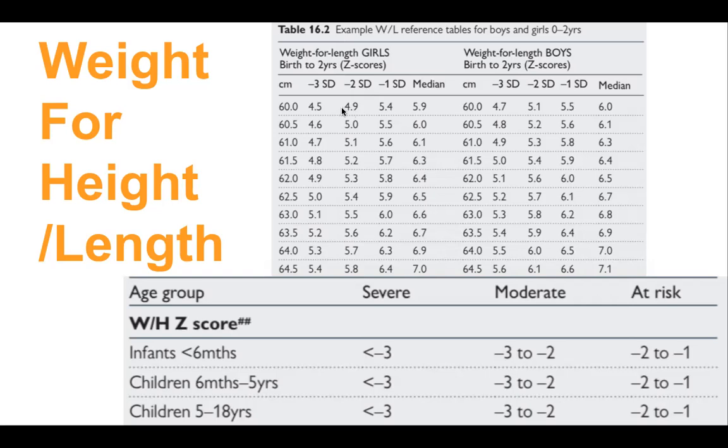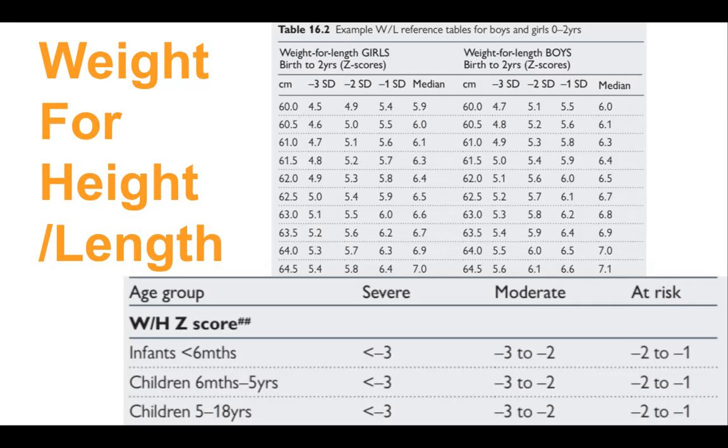If the body weight continues to decrease, let's say 4.4, which is less than -3 standard deviation, less than 4.5, a 60 centimeter girl is having severe acute malnutrition.